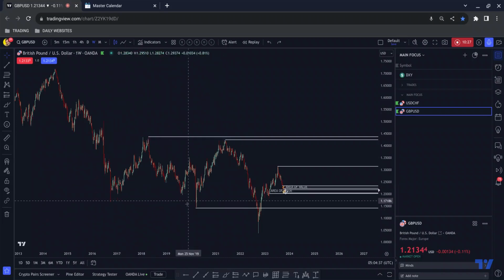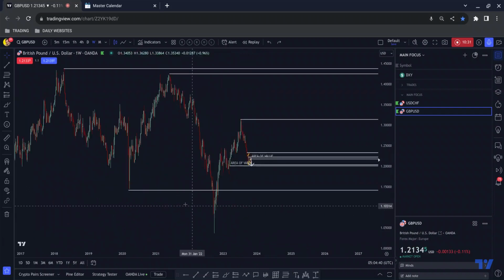So we have a completed 1, 2, 3 touch structure, which well and truly catches people the wrong side of the market. It breaks below this low. People believe that this is now resistance because we've broken below, and everybody gets caught massively. Well, not everybody, but a load of people get caught the wrong side of the market before price just smashes back above it. Okay.